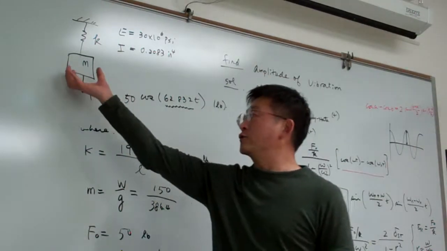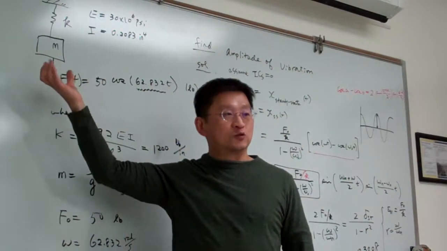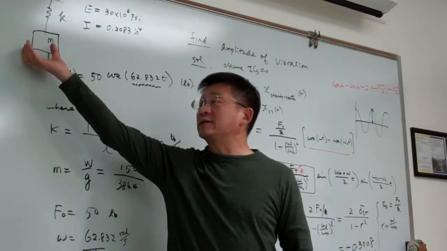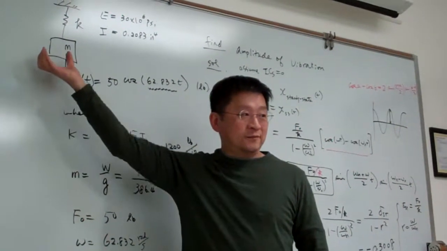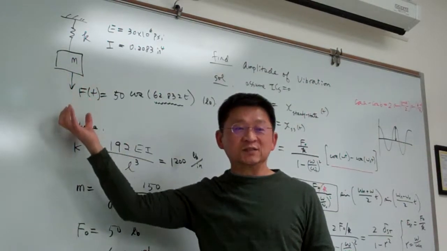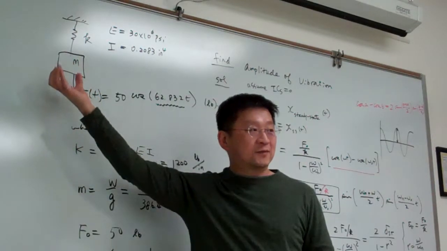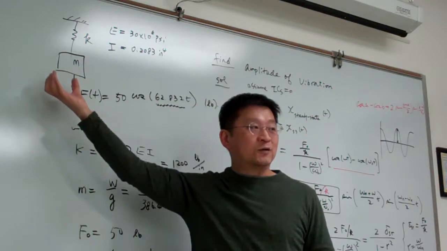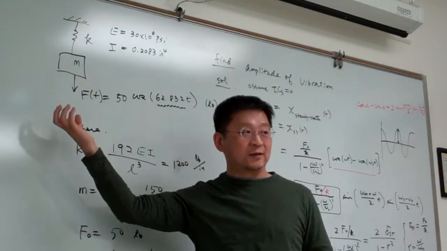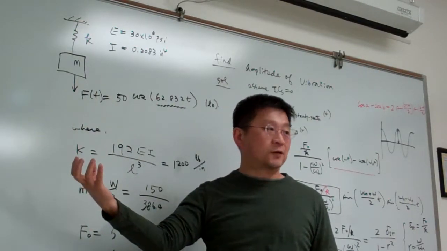If I hold this mass and use my hand to drive the external excitation, and I oscillate this system very slowly, then once the system gets into equilibrium, the system will move along with my hand, right? That is called in phase. In phase means the external force, my hand, moves in one direction and the mass moves in the same direction.